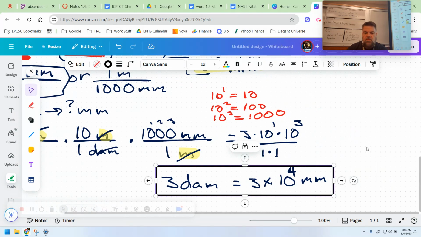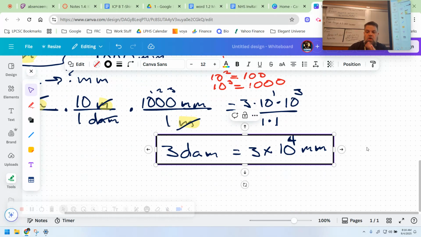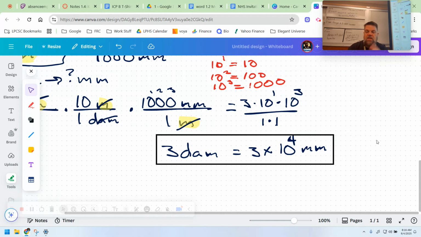Okay? Does everybody have that written down? So one of the things about the stair step is, this only works if you're just doing the metric system. If you start introducing the British system, which is really the US system, then you still have to do the conversion factors.